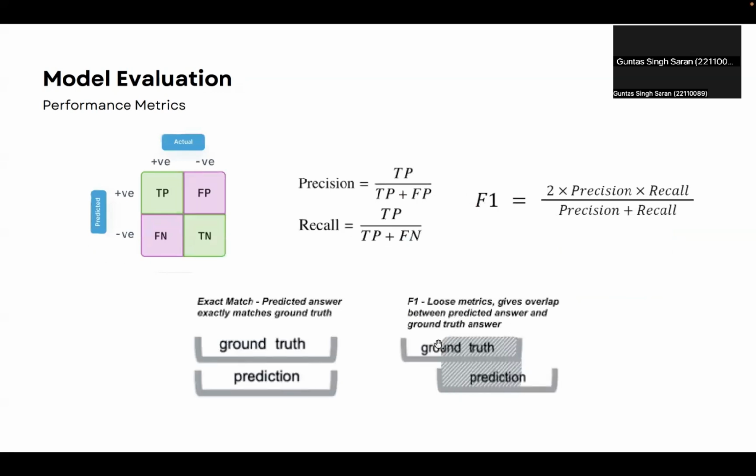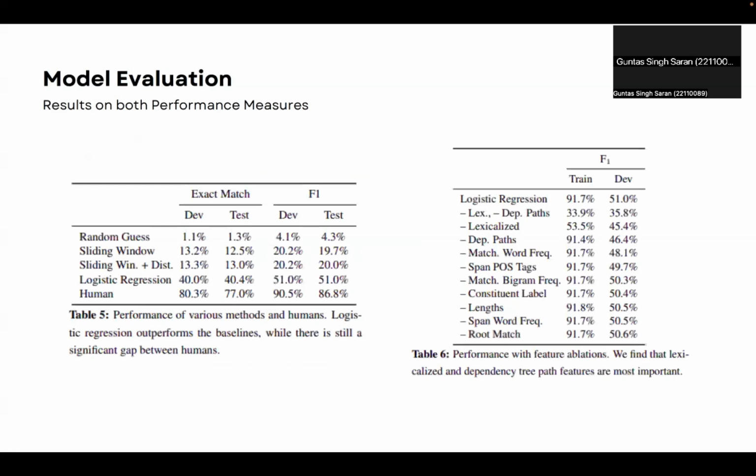Both these losses correspond to the learning of that logistic regression model. They found that their model achieved an F1 score of 51%, whereas humans were still way better, reaching 86% on the F1 score.